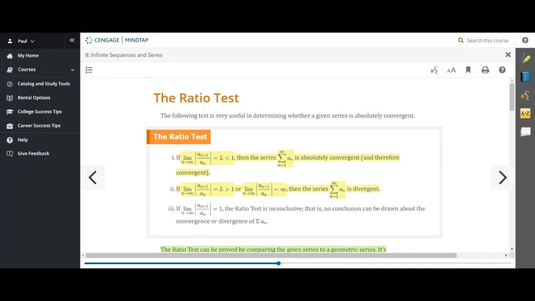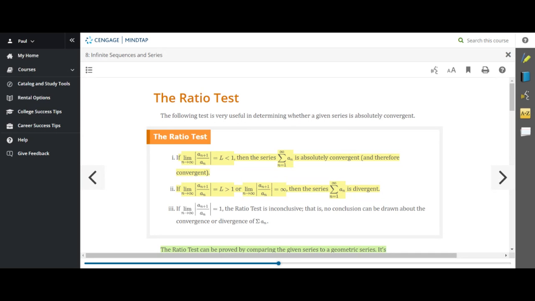What kind of series have you experienced before where, when you take the n plus first term and divide it by the nth term, you're looking at a ratio, and when the absolute value of the ratio is less than 1 the series converges, and when it's greater than 1 the series diverges? That's right, Jonathan, geometric series.